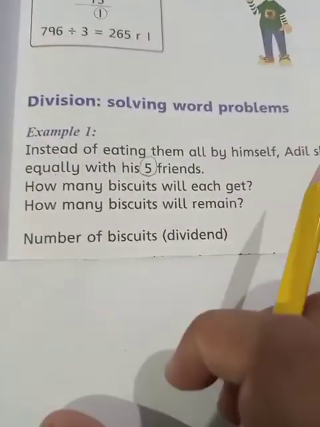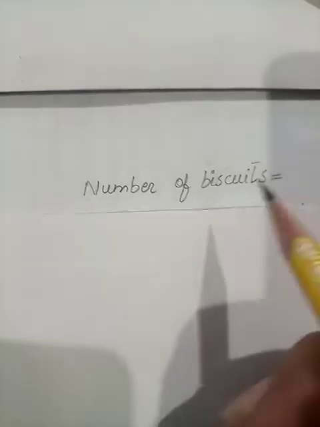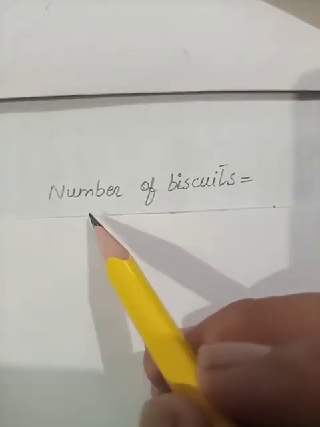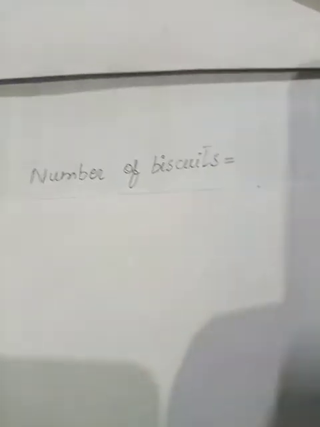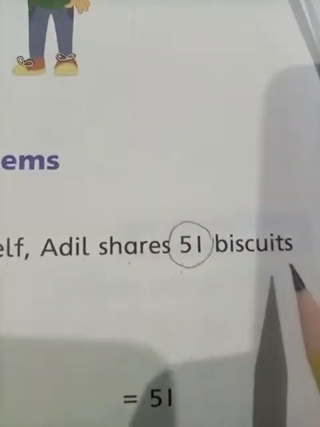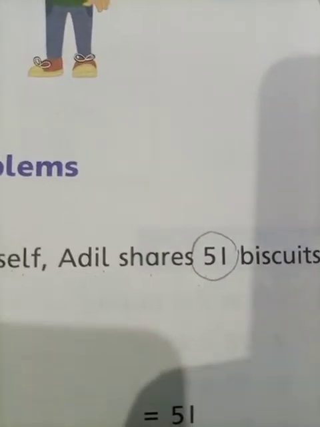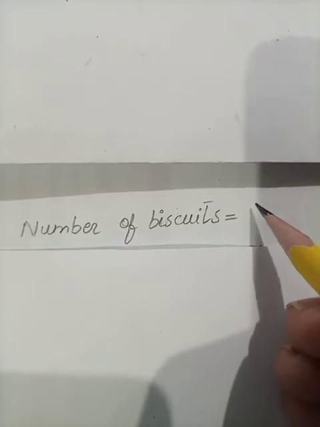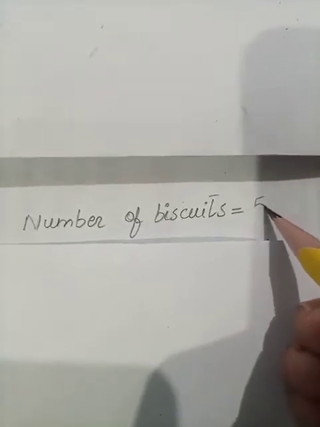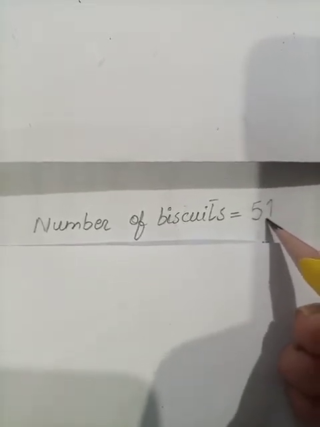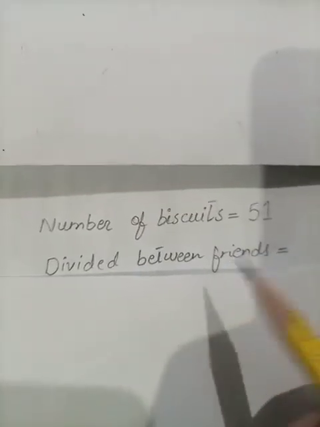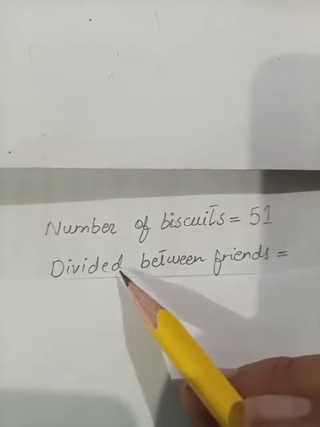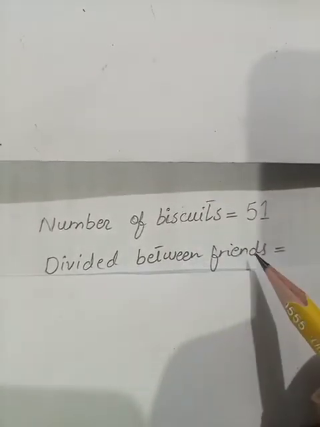Okay, so students, here I am writing the statements. First of all, I have written the number of biscuits. So students, what is the total number of biscuits? Here is the total number of biscuits, that is 51. I am going to write the total number of biscuits, 51, here. And in the next, the biscuits that were divided between the friends.